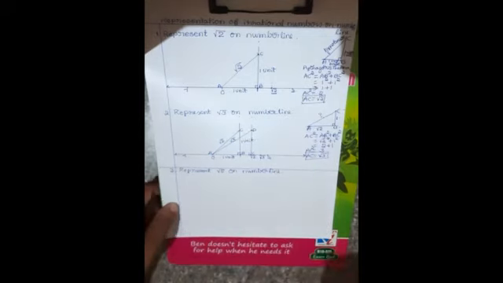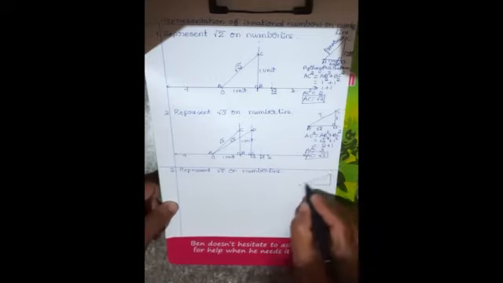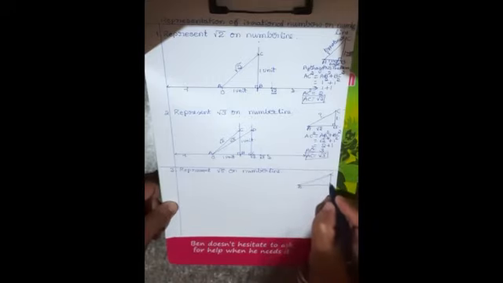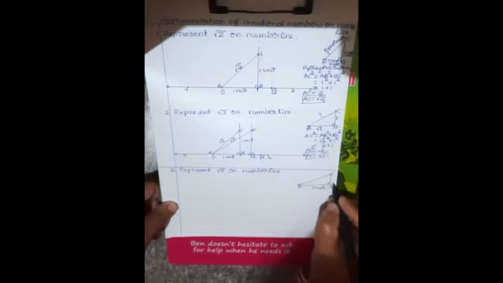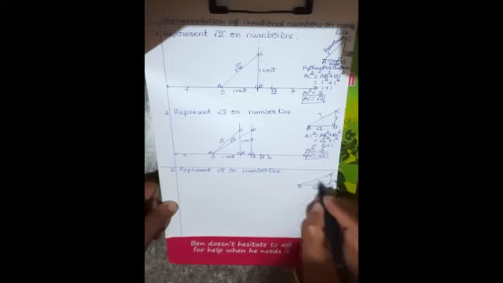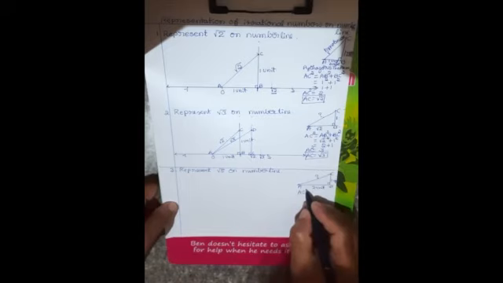Again, draw a right triangle. Now, take the base as 2 units. If it is 2 units and the height is 1 unit, what about the hypotenuse? Apply the same Pythagoras theorem.